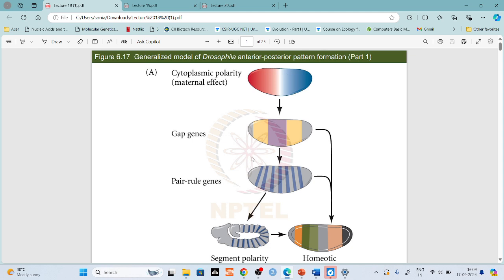One important point to note is that this is anterior and this is posterior. Bicoid is initially synthesized from the posterior end, and nanos is initially synthesized from the anterior end. I'm talking about the synthesis.